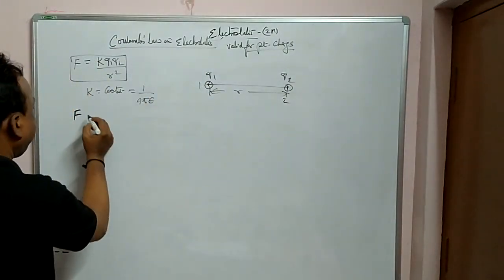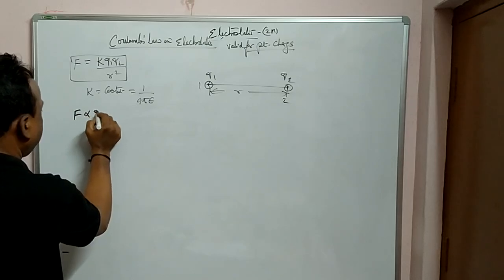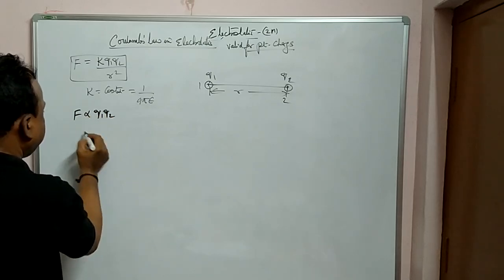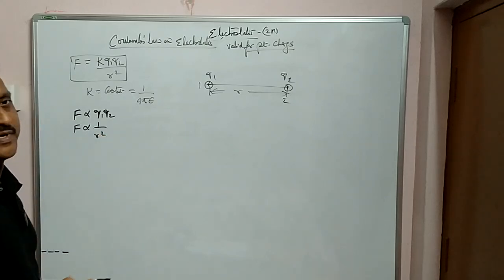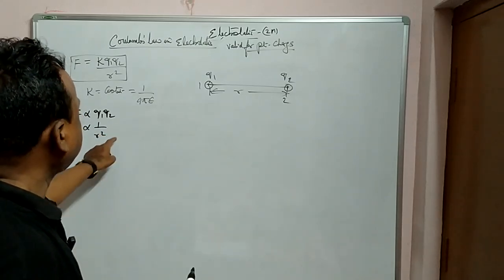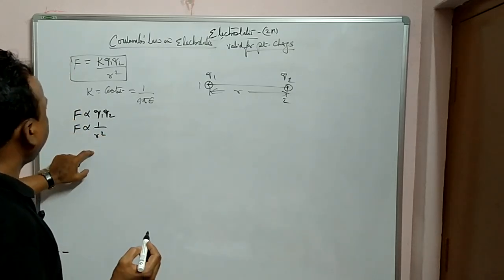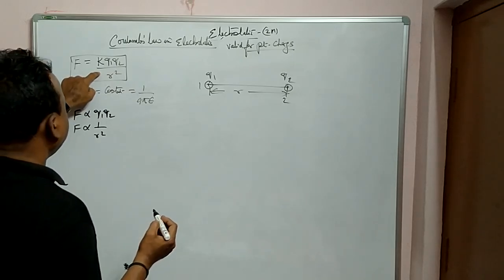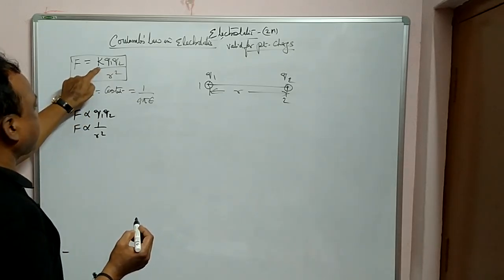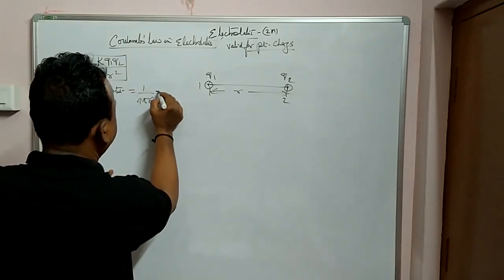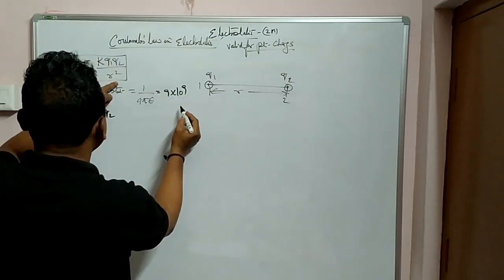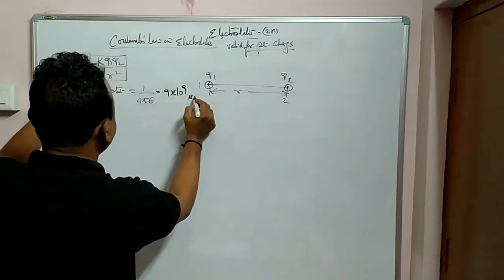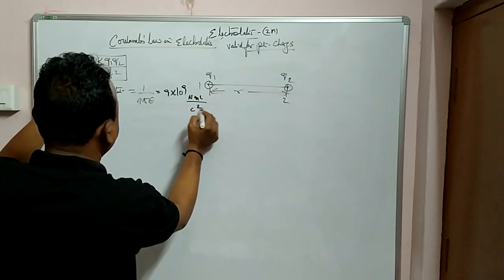So force of attraction or repulsion is directly proportional to the product of the charges and inversely proportional to the square of the distance between them. This is the actual Coulomb's law. When you combine both these, you get this equation. Removing the proportionality, introduce constant K, and this constant K is nothing but 10 power 9 units, Newton meter square per Coulomb square.